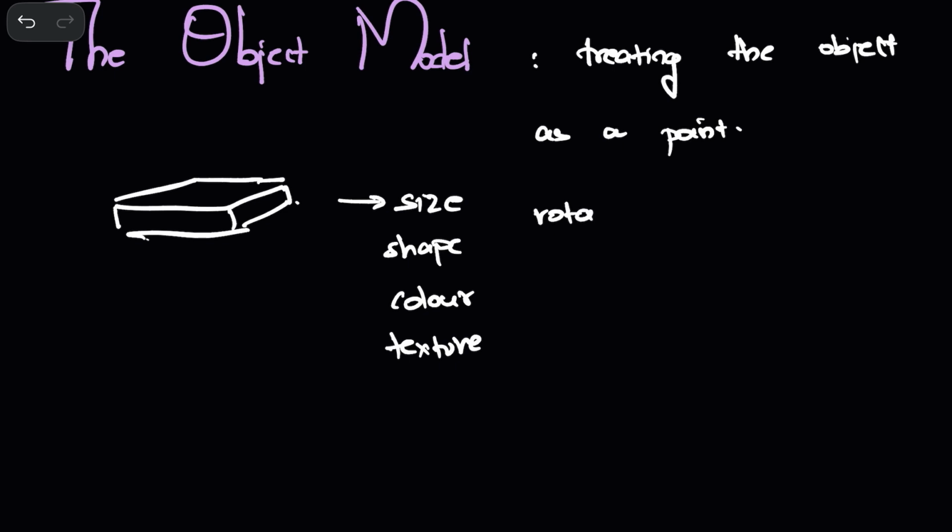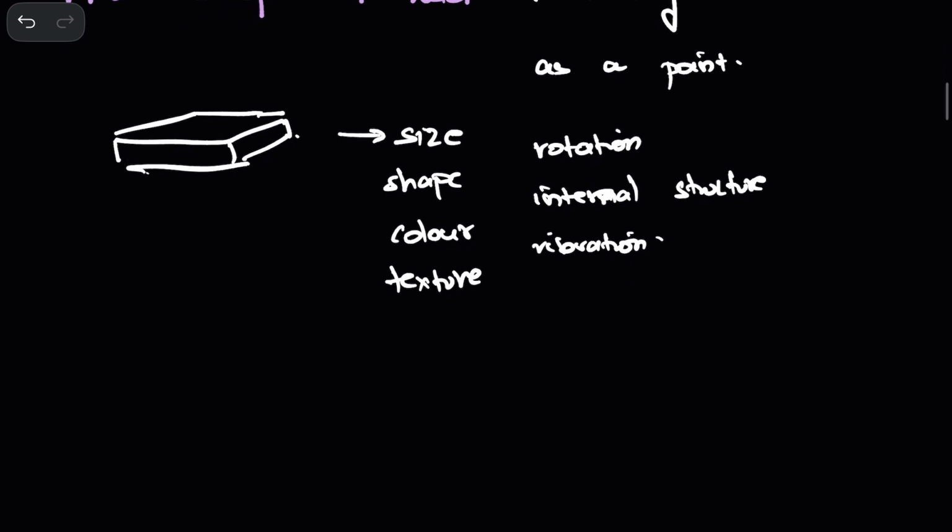You can rotate them. You can talk about the internal structure and its vibration, right? So if you take any object, it's pretty difficult to look past these things, because an object obviously has its own things that make it unique.